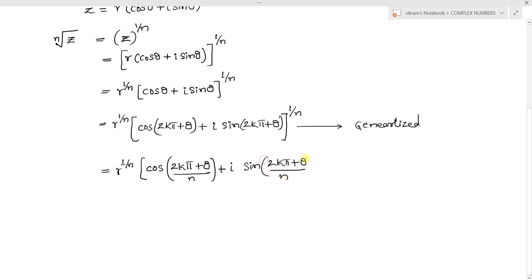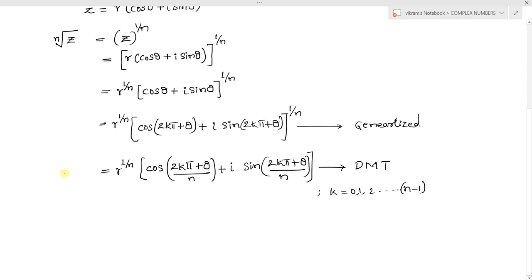Here we applied De Moivre's theorem, where k equals 0, 1, 2 and so on up to n minus 1 are to be taken.